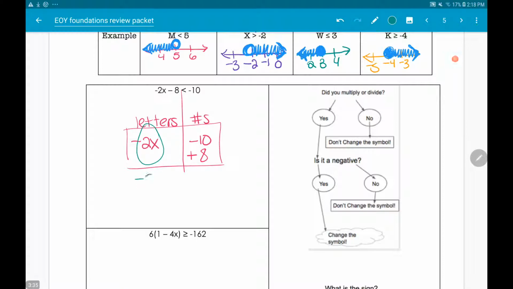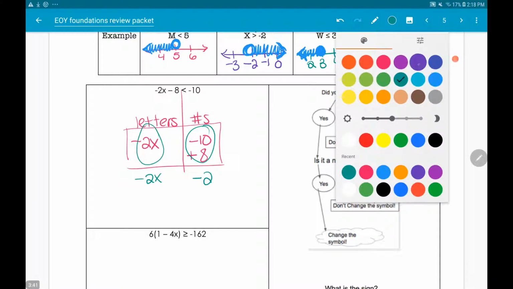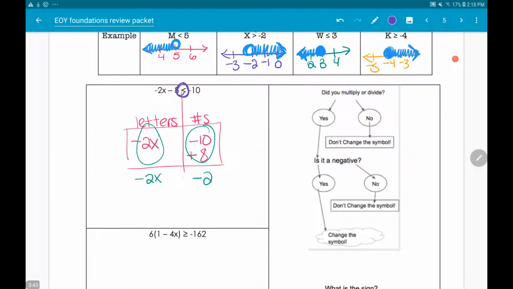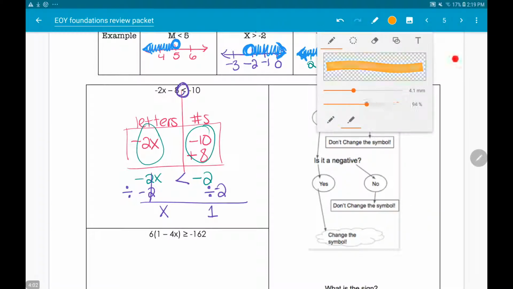I bring it down, I combine, and now instead of an equal sign, the only change is I'm going to keep this less than symbol. I divide, and I get x and 1, and I look at my graphic organizer. So my graphic organizer says, did you multiply or divide?